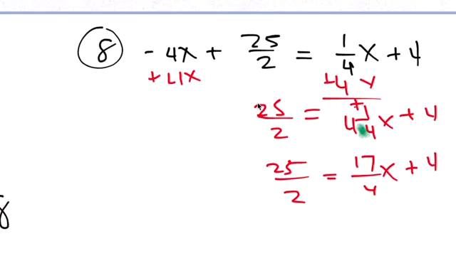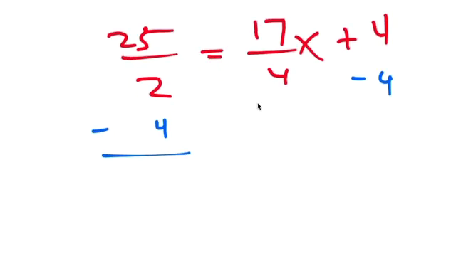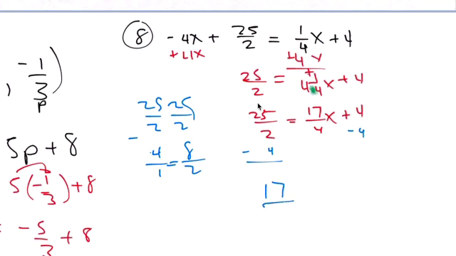I would just clear out the fraction, but so that you know you cannot do that, because you will need to learn how to work with fractions. Common denominator is 2, so 25 over 2 minus 4 over 1, common denominator is 2. That makes it 8. So we get 25 over.